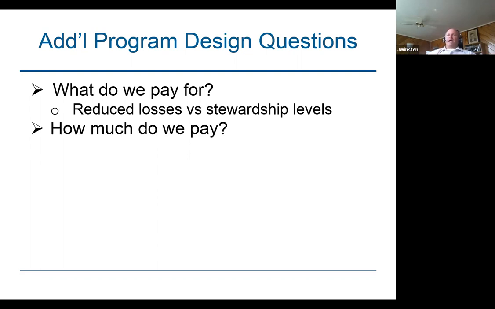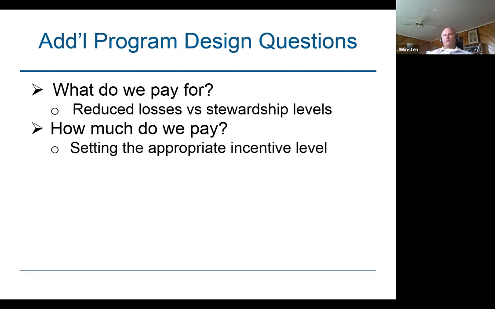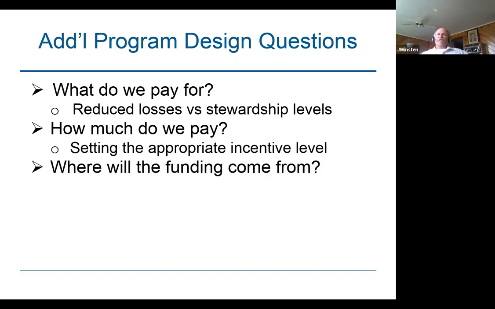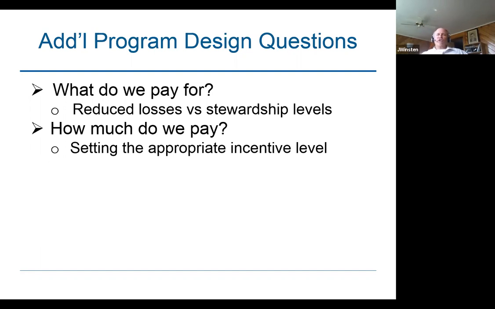How much do we pay, right? This is sort of a general question because we don't even know what we're paying for yet, but in general, setting the appropriate incentive level is a really important thing to do. In my mind, you're paying somewhere between more than the cost to farmers to make the change and less than the value to society of the outcome.